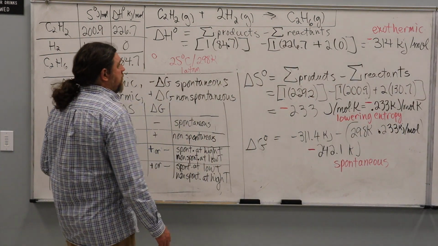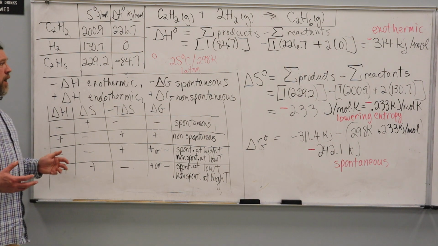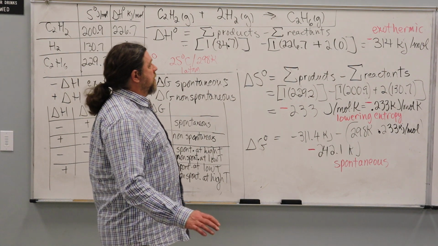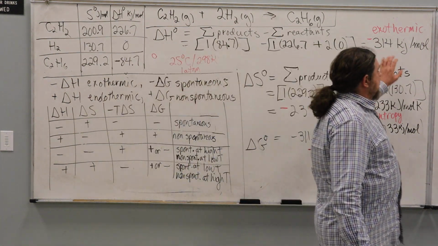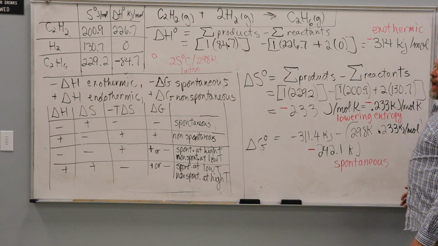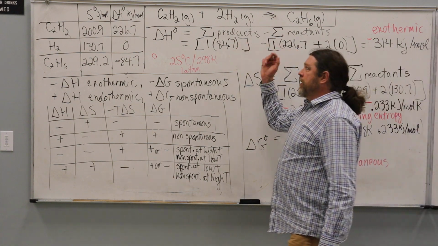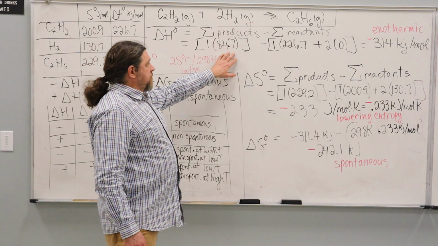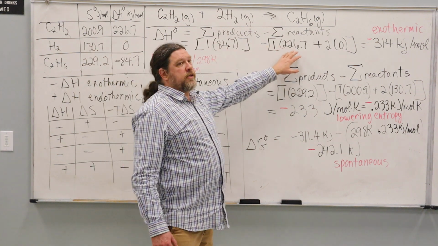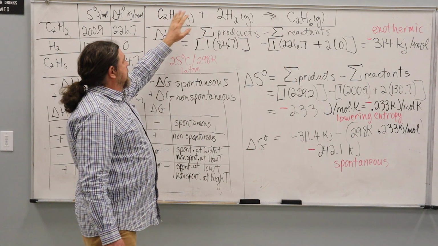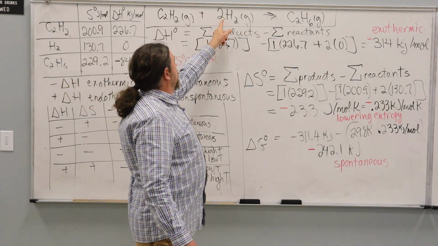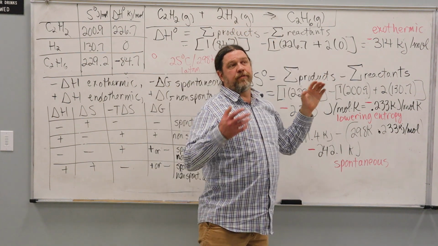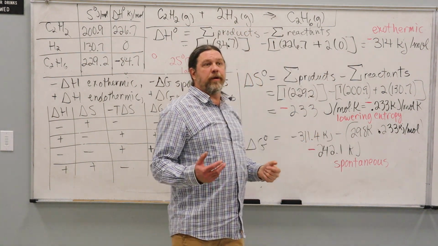So that's not a driver of spontaneity generally, but we can contrast that with the exothermic change in this reaction by looking at the standard enthalpies. And we take the standard enthalpies of our product ethane minus the enthalpies of our reactants acetylene and hydrogen, remembering that elemental forms always have standard enthalpies of formation of 0, and we have an exothermic reaction.